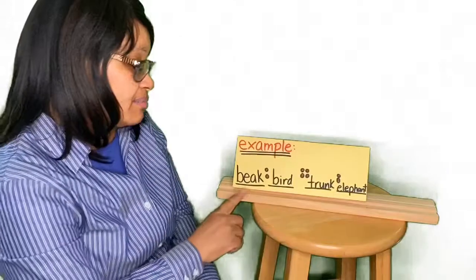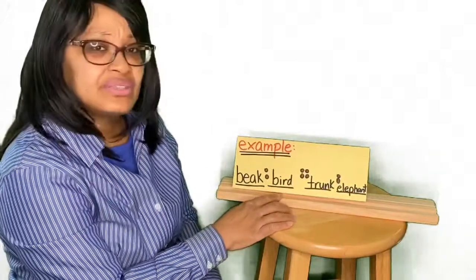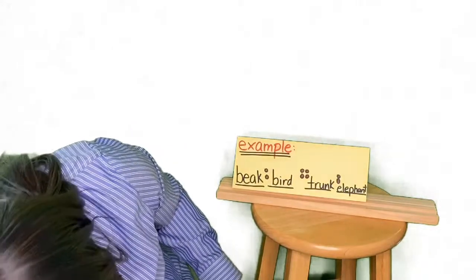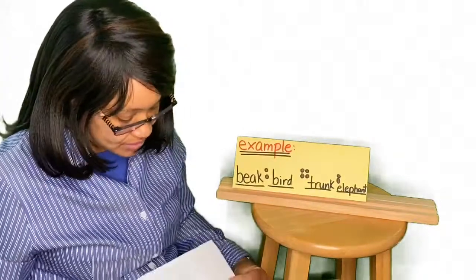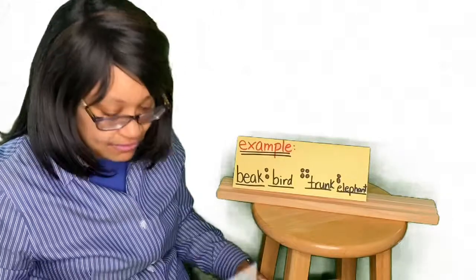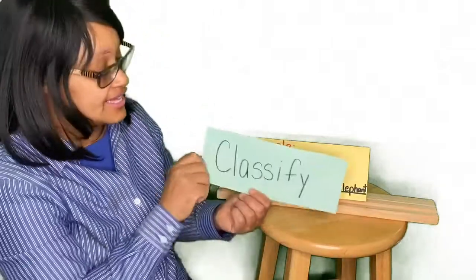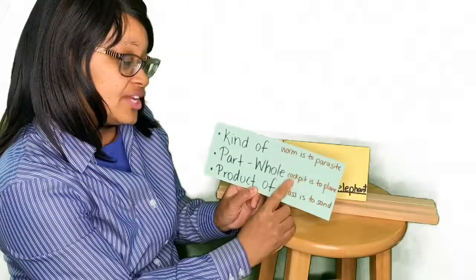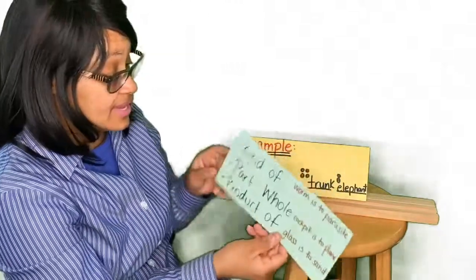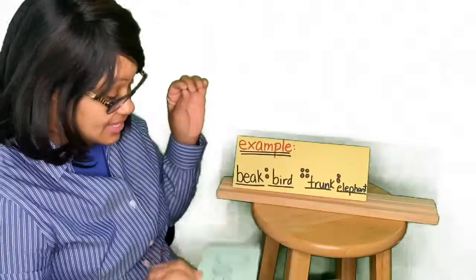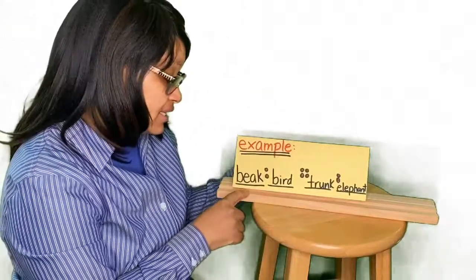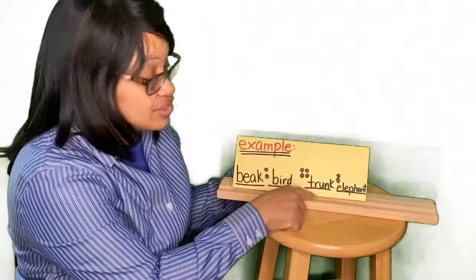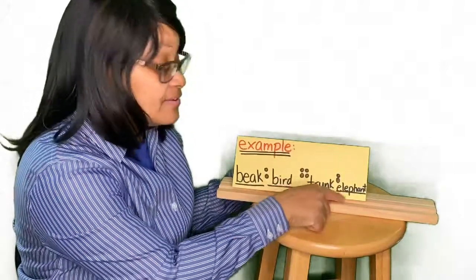Well, let's see. Beak is to bird. So this looks like it's a part of. So remember when we did the part of, we said that part of was a part of the classifying. And part of, such as cockpit is to plane. So this looks like it's a classifying analogy. Beak is a part of the bird, as trunk is a part of the elephant.